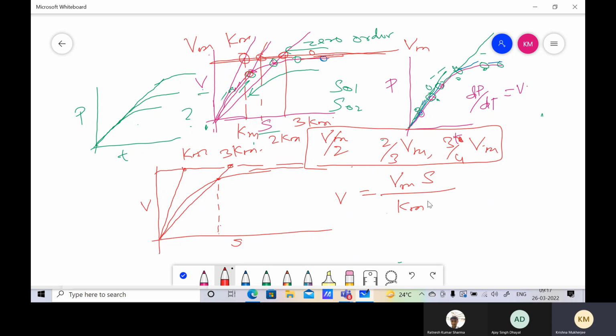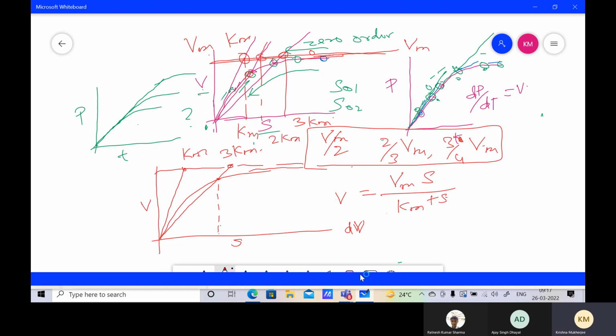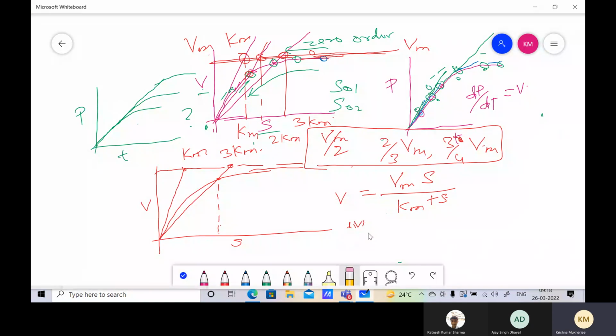So I want you to be able to handle this. Now what is the tangent to the slope at S equal to 0? What is dV by dS? Sorry. These are the kind of conceptual questions that I want you to answer.